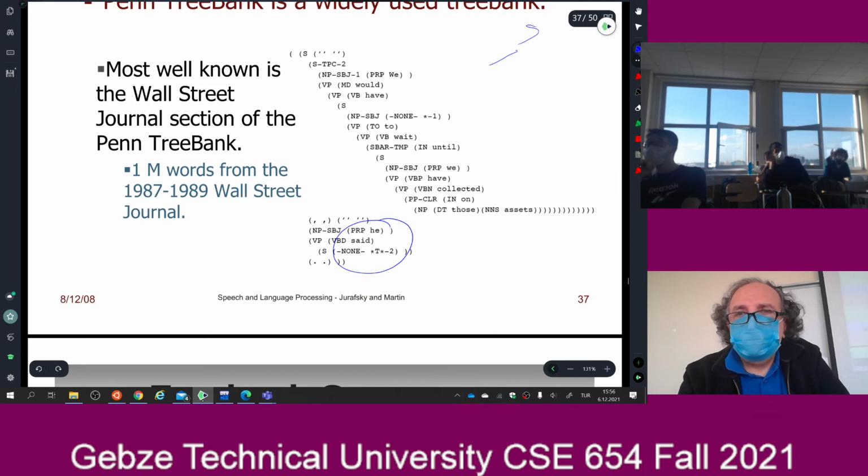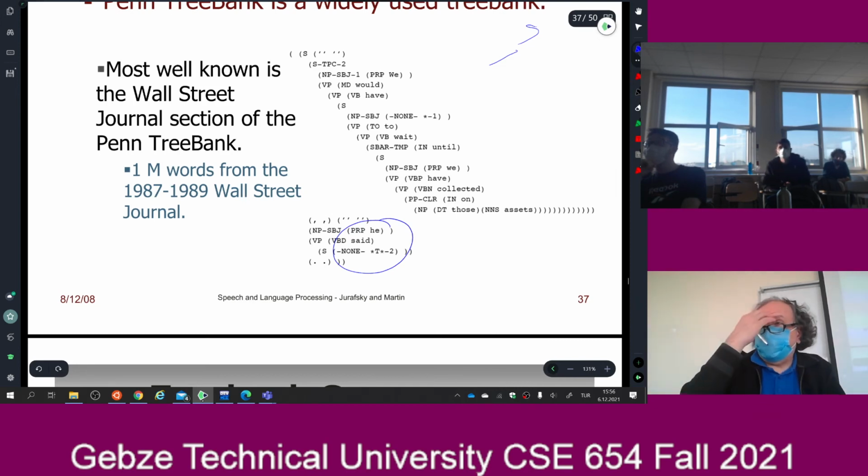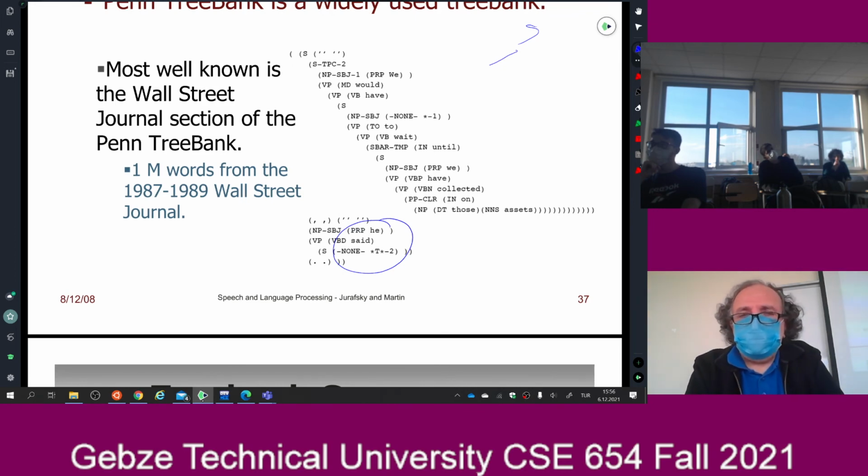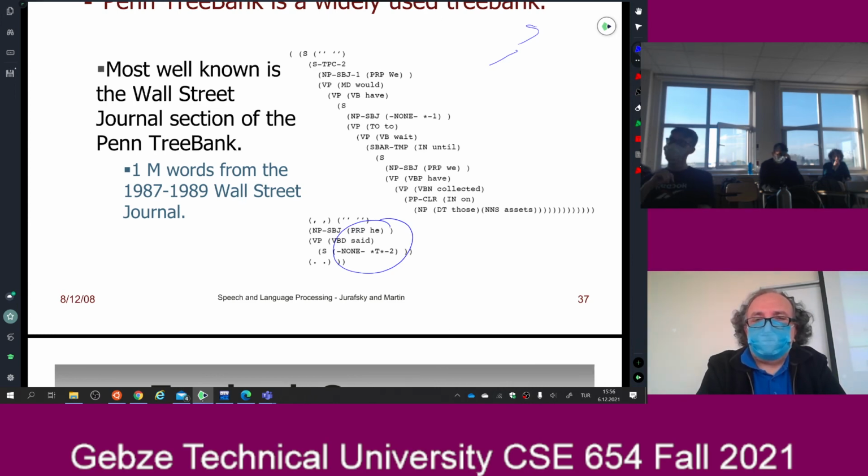Is it an algorithm that we give a sentence and it gives us a tree, or something that fits trees in it? It's a pair of two things. On the left side you have your sentence. On the right side you have your tree corresponding to that sentence. That's called a treebank.